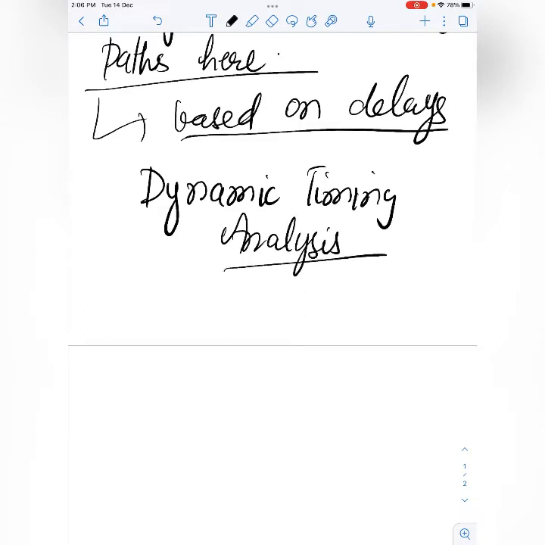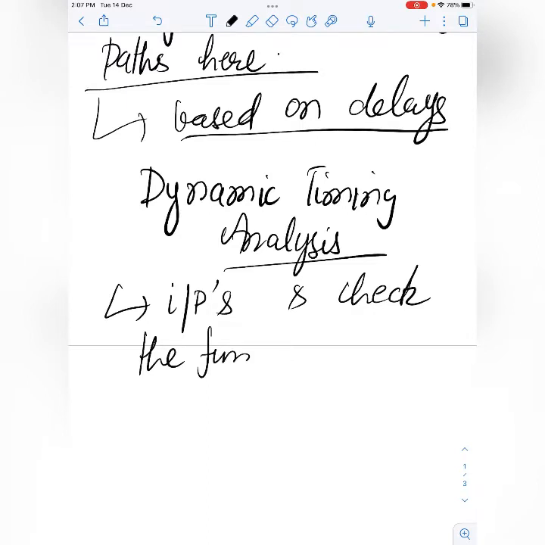Here what we do is we apply inputs and check the functionality. It's just like simulating a design and checking its functionality, nothing else.